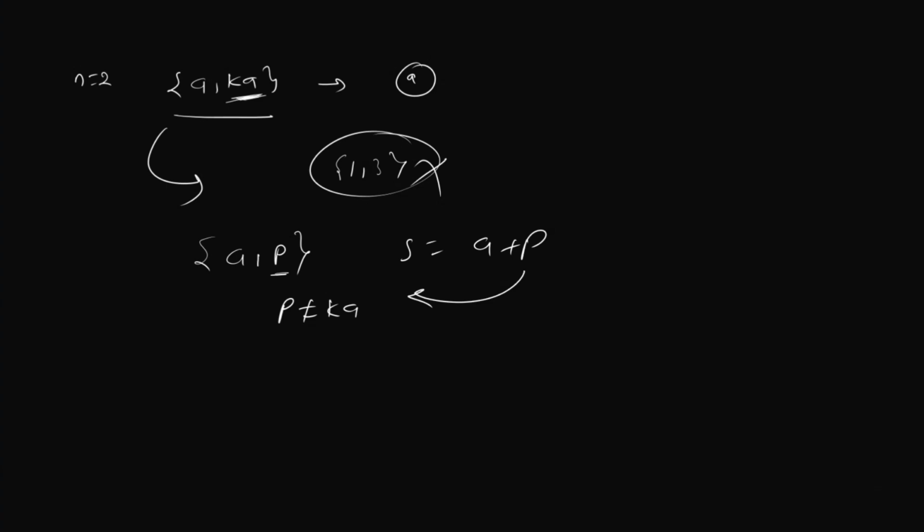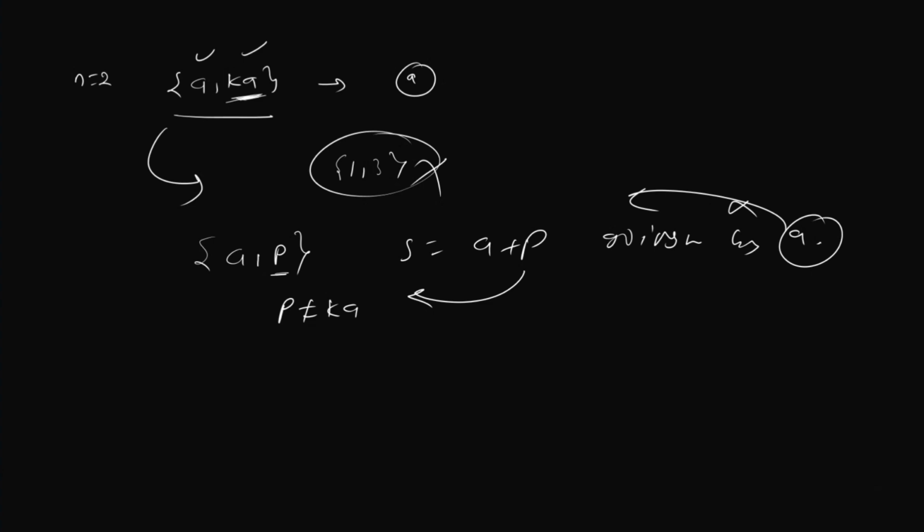That means the sum is not going to be divisible by a always. So the first condition itself fails. That's why we took the first element as any element and the second element as a multiple of it, and to satisfy this condition, we are not able to build such an array.